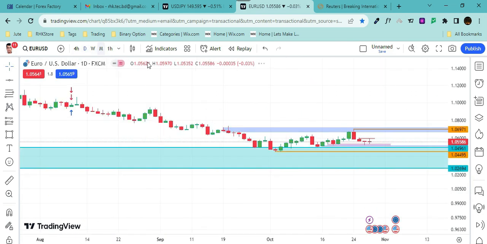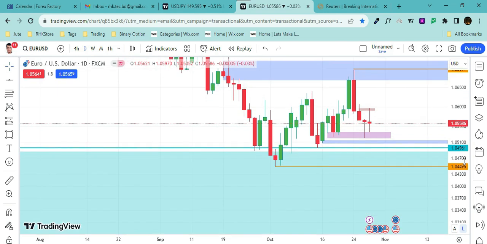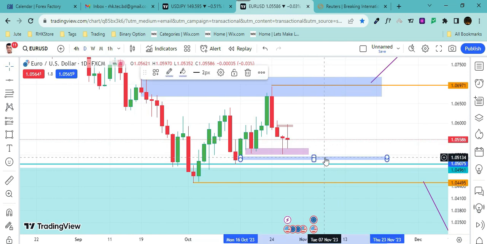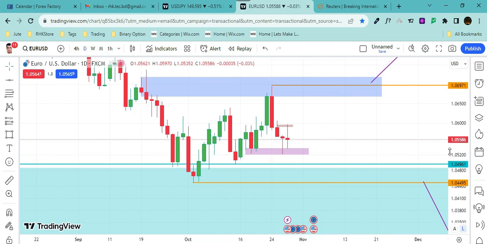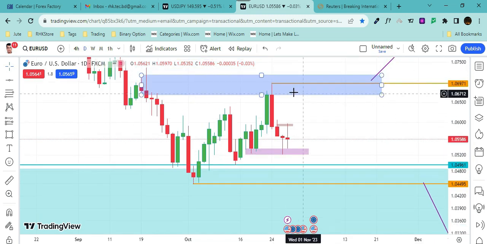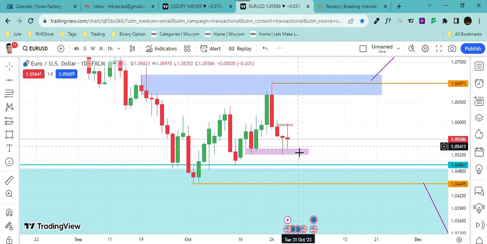And let's go to day now. In the day time frame, these are the places we must consider. So let's remove this day double bottom. This is the 4 hours double bottom, and this is the daily double top. So the daily double top has already done its job.